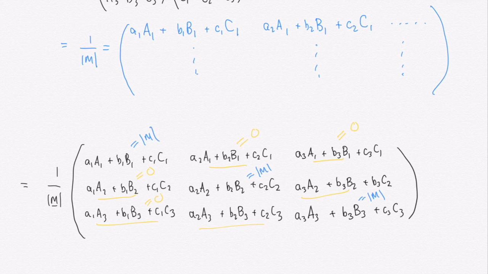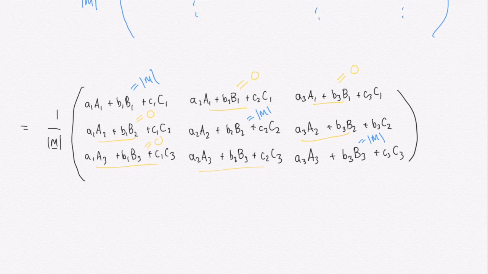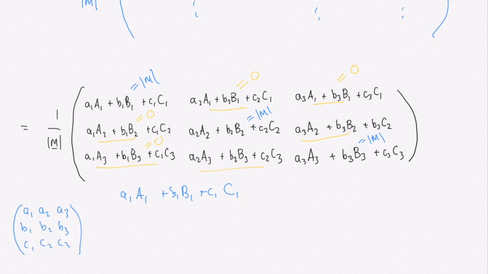Okay, so I'm going to have a look at this top left element, a1 plus b1 plus c1, and I'm just going to draw out my matrix M on the left hand side here, so we have it.